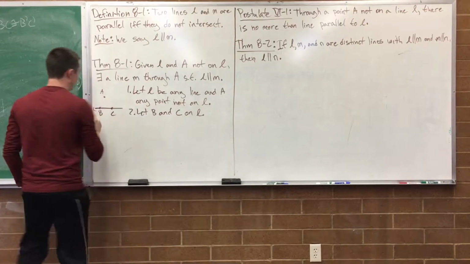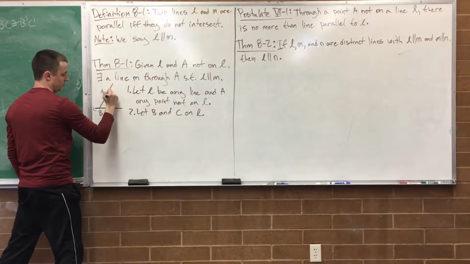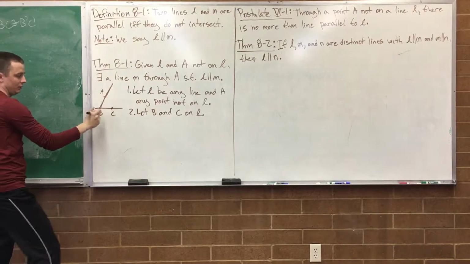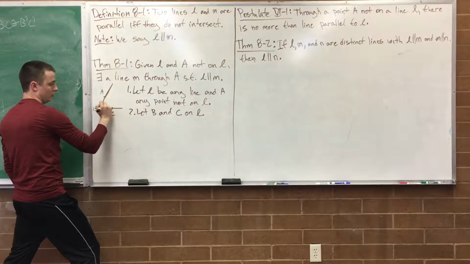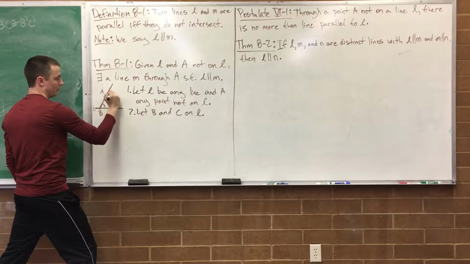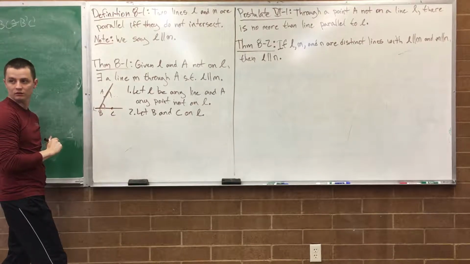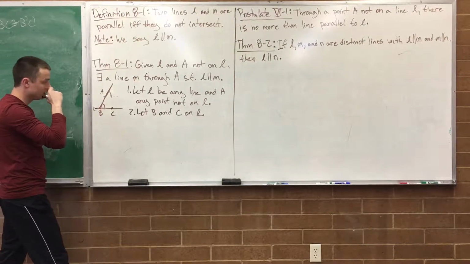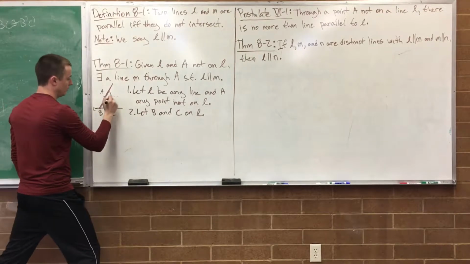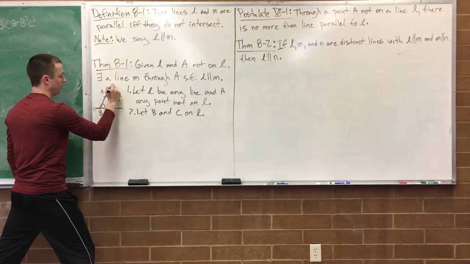So let B and C be on L, and then we're going to have this line, AB, and then using this angle, ABC, we're going to come up to A and construct an angle congruent to ABC. Good? So what am I going to want to call those points? Maybe we'll call this point D, and we'll pick some other point E.